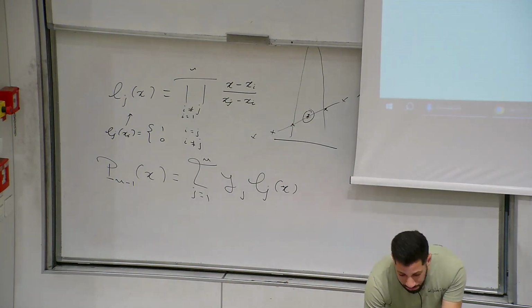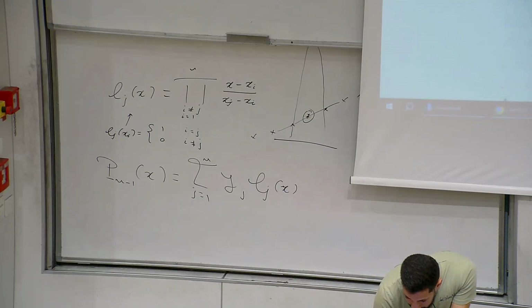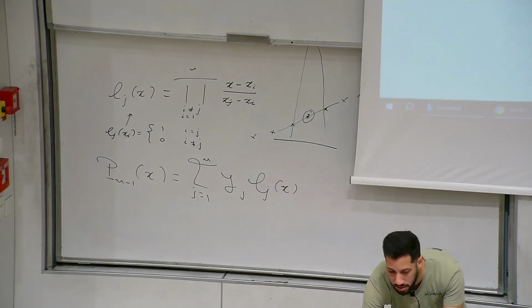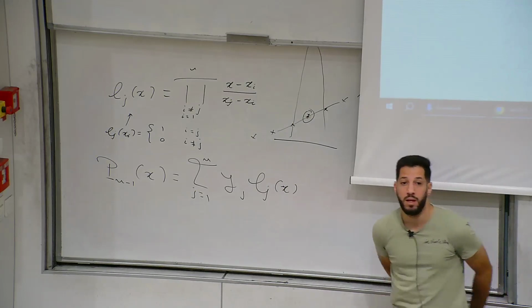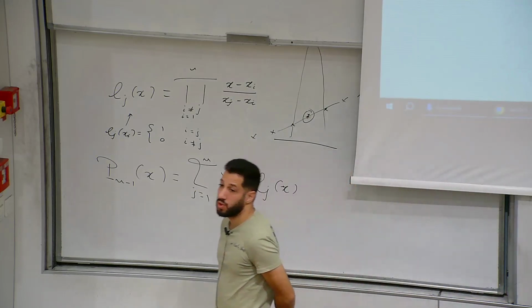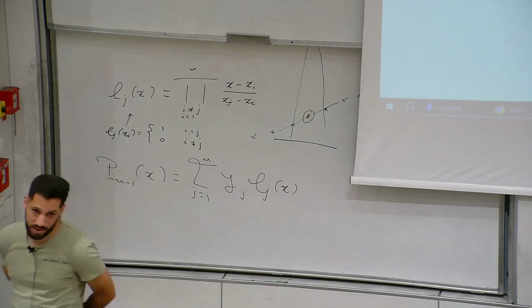Now, he gave us at first 3 points, and now he gives us another 10 points, but all of them are here, all of them. And now he asks us, what's your interpolation function?